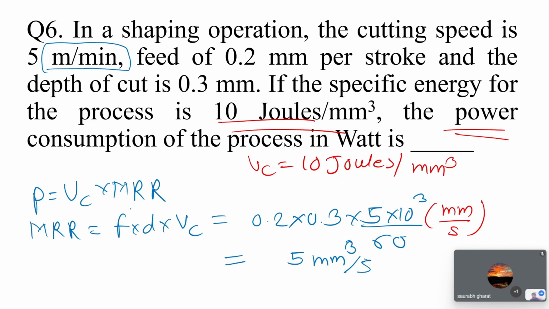Now you have MRR, and you want power. So what is your power equal to? UC you have, 10, so 10 into 5, which is simply 50 joules per second, which is also called a watt. So it will be 50 watt.